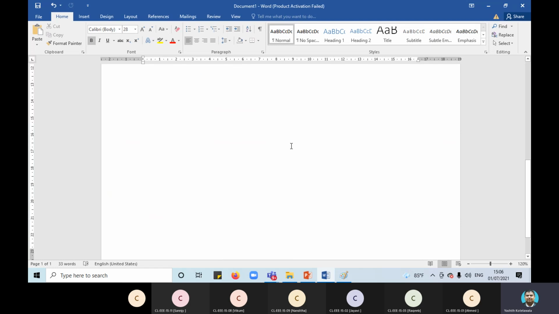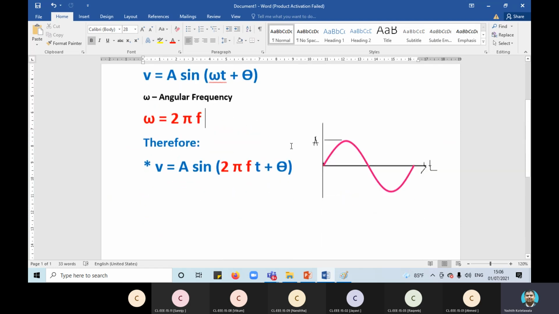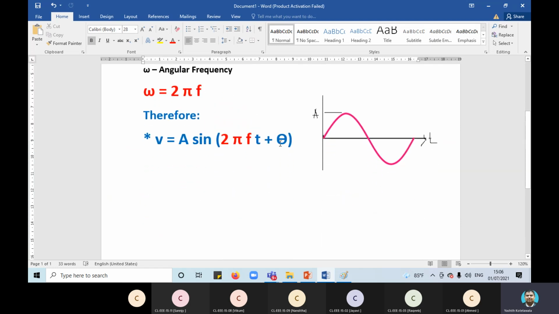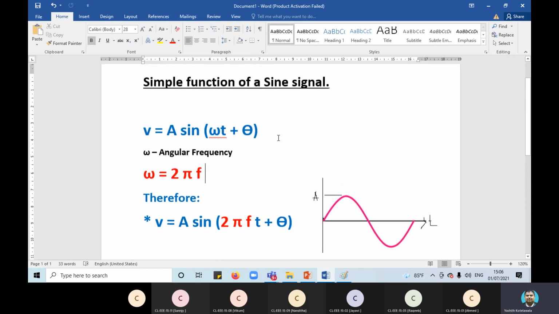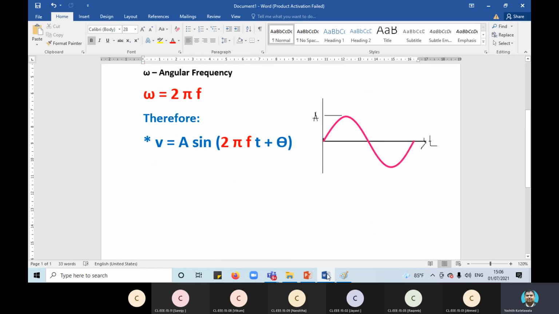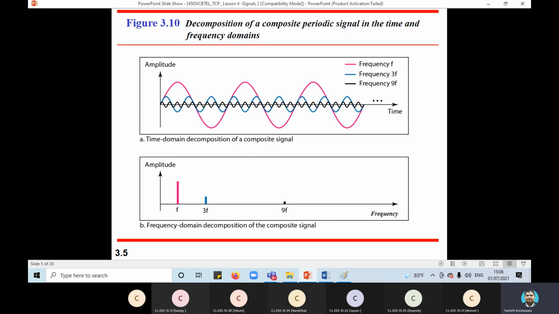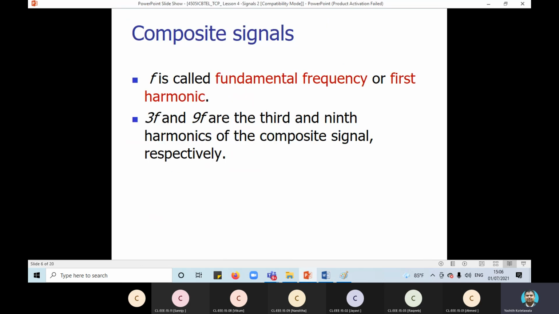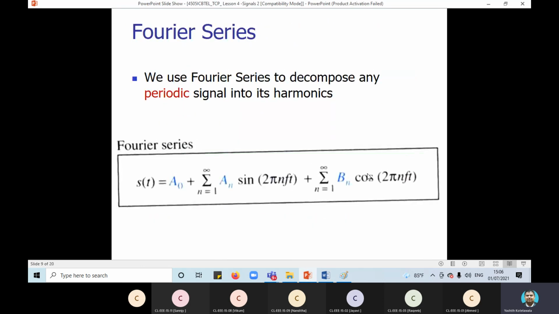Now what happens if we have a phase change of 90 degrees, right? Now don't forget, students, we need to be clear with cos, because in Fourier you saw that there is a sine component and a cosine component, right?